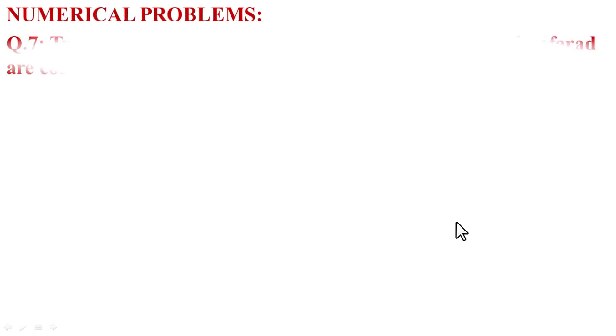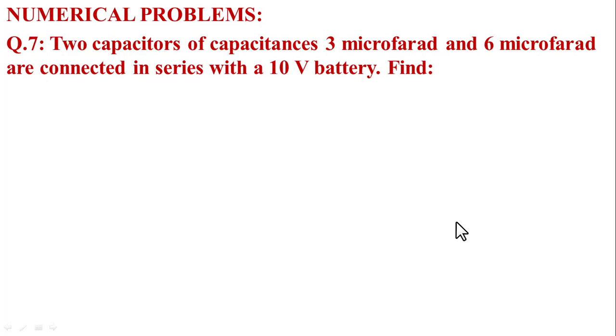Now we will move to the next question. Numerical problems, question number 7. Given: two capacitors of capacitance 3 microfarad and 6 microfarad are connected in series with a 10 volt battery.